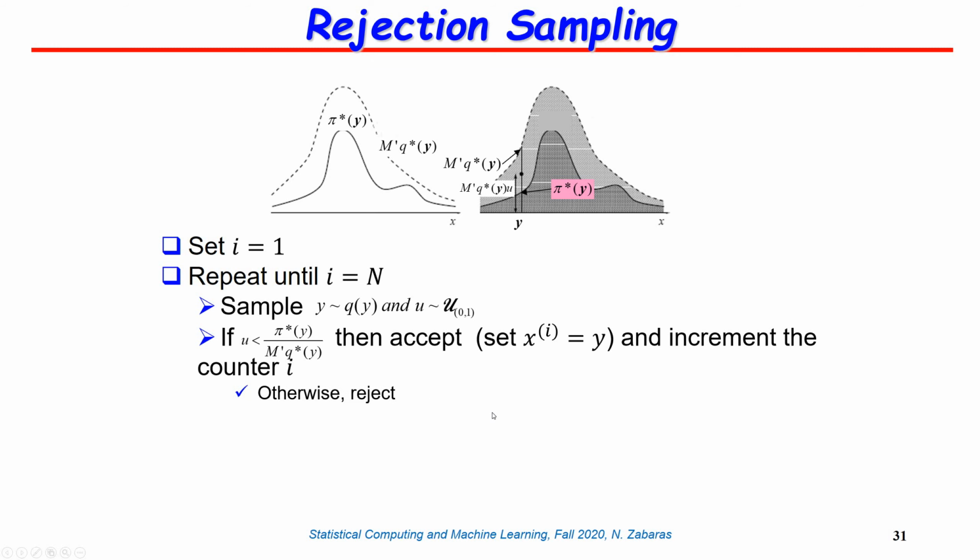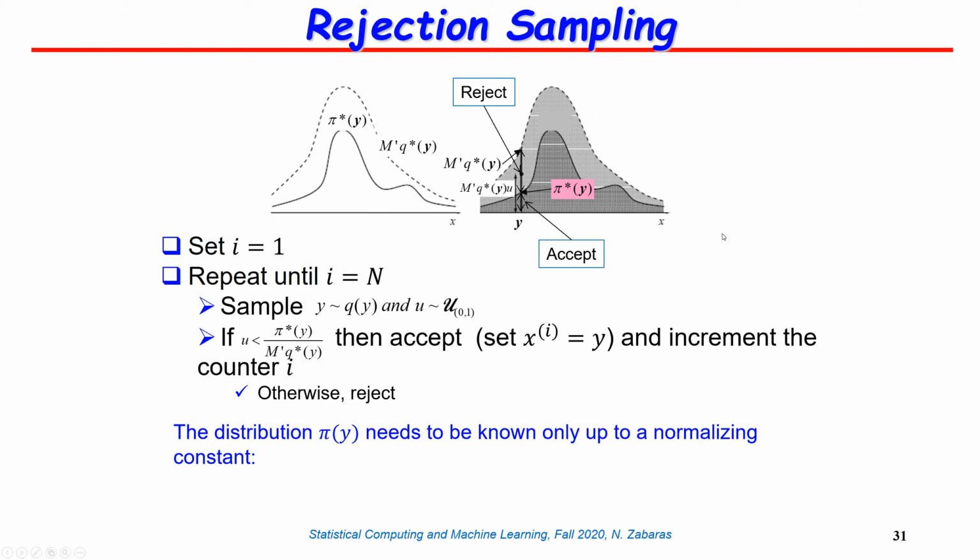So if the answer is yes, I accept, and this is what I have here. If I am above pi star of y, then I reject. So if u times m star times q star of y falls underneath pi star of y, we accept, otherwise we reject. And again, both the distributions we have up to now need to be known up to their normalizing constants.